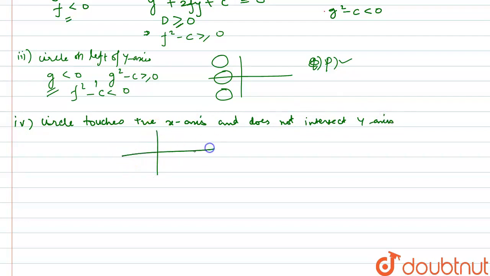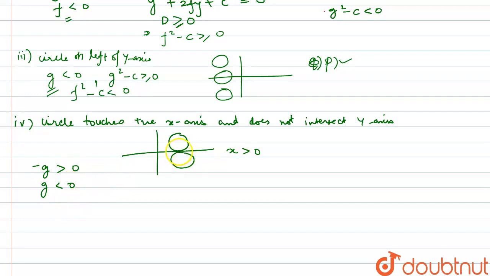Therefore, the possible diagram can be a circle that touches the x-axis but does not intersect the y-axis. So these can be the possible circles. If we check the conditions, in both cases the x-coordinate of the center is greater than 0, which means minus g will be greater than 0, or we can say g should be less than 0.